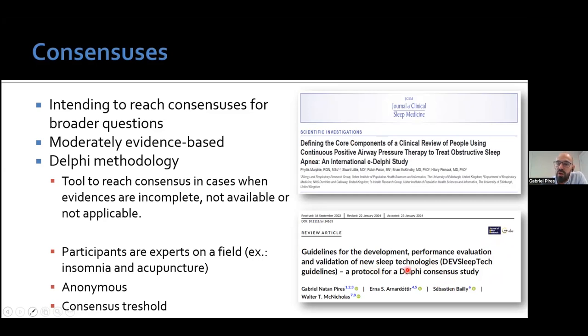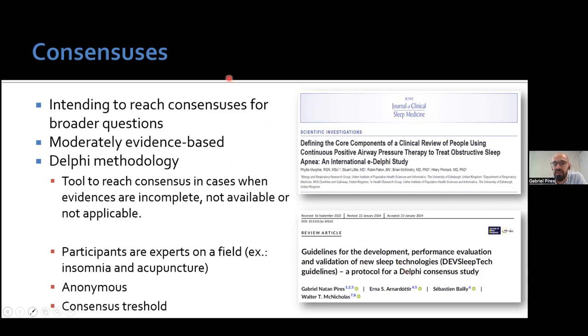So how do I suggest how a new sleep technology should be developed? I cannot measure that. I can suggest, hey, a randomized controlled trial is better than a real-world evidence study. If 75% of the experts being interviewed agree with that, then it becomes a recommendation.